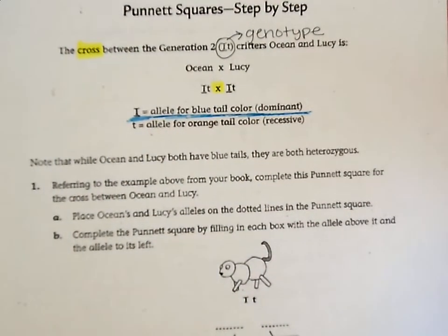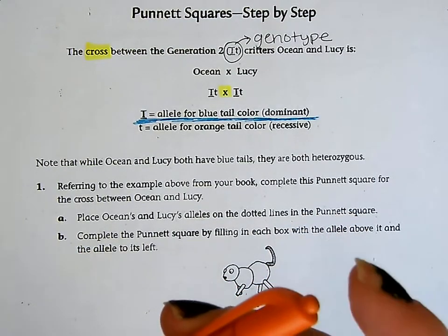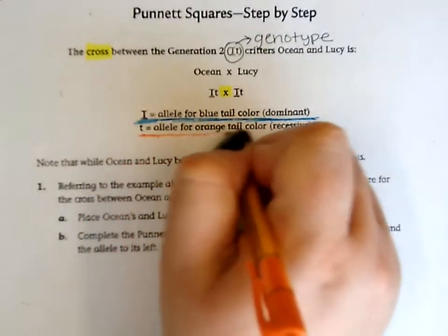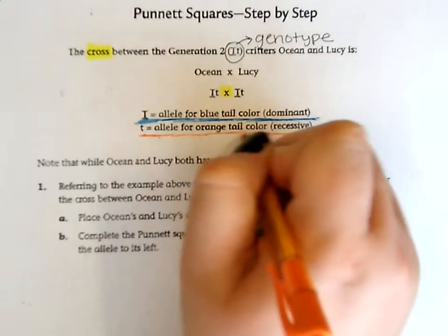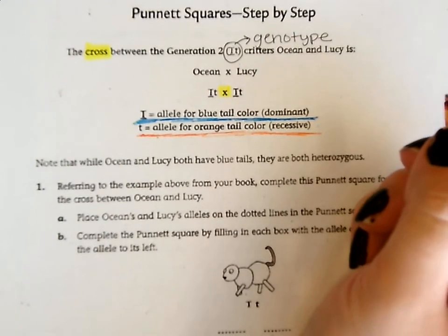Okay, we're going to try to color code this as we go. Anytime you see a little t, that's going to represent an orange tail, which is the recessive trait.